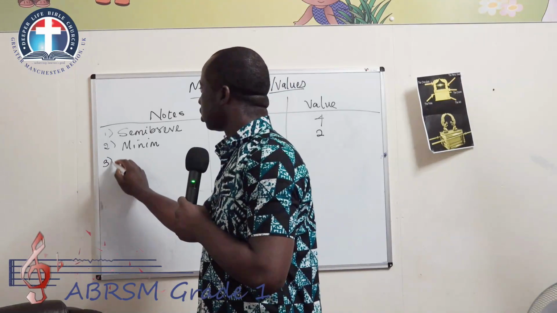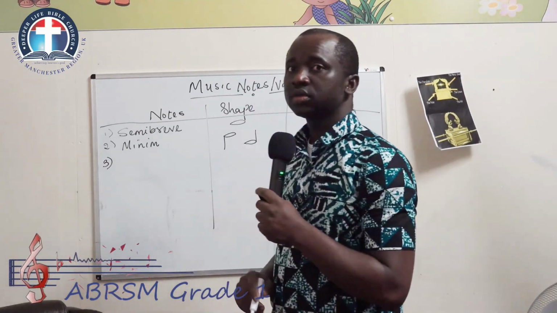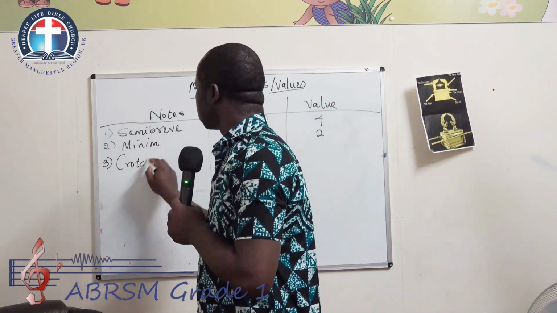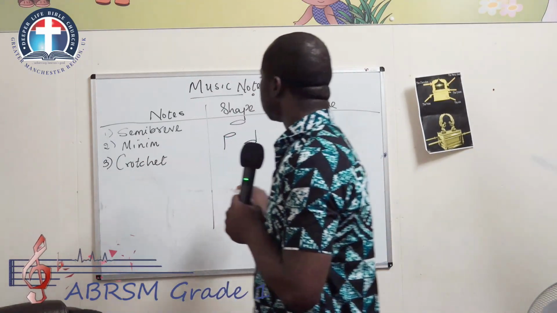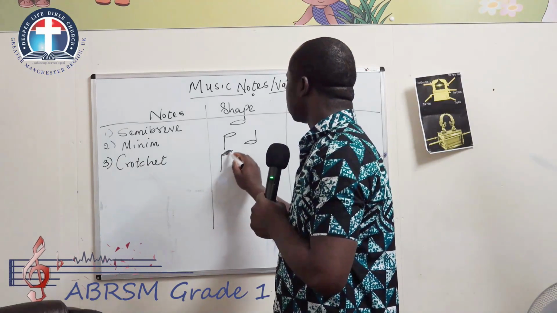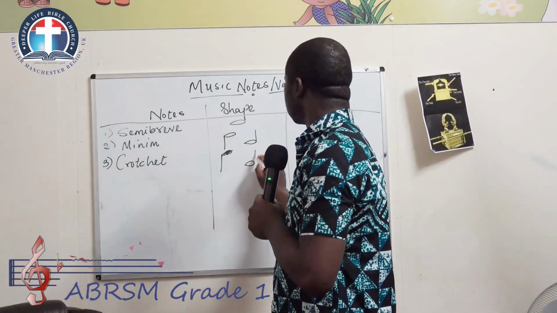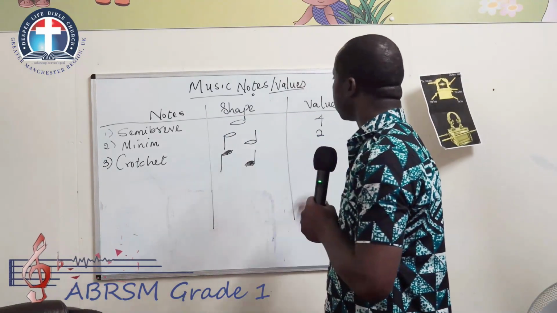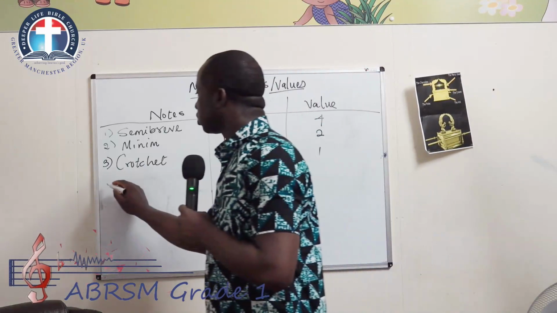Then we have what? Crotchet. And that's the standard one, so you know it already. Just shade this or shade this. And that's what? 1. Then you have what next?